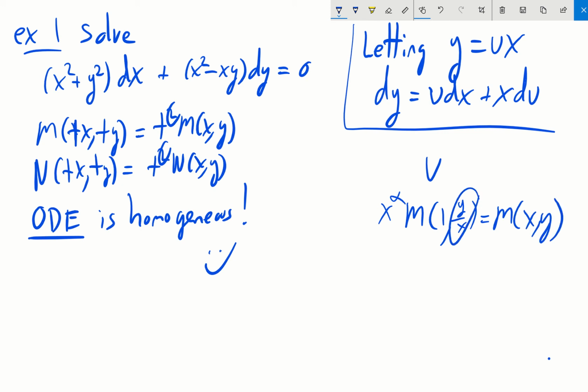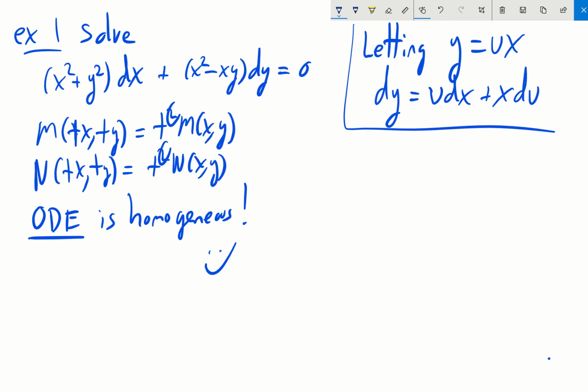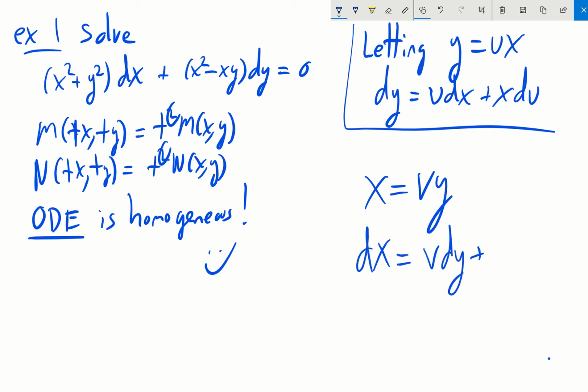And that gave us the basis for the substitution. You can do this alternatively, where you get a 1 in the other position instead, and then it would lead to the alternative approach where you would have the substitution x equals vy, and then you would get dx equals v dy plus y dv.